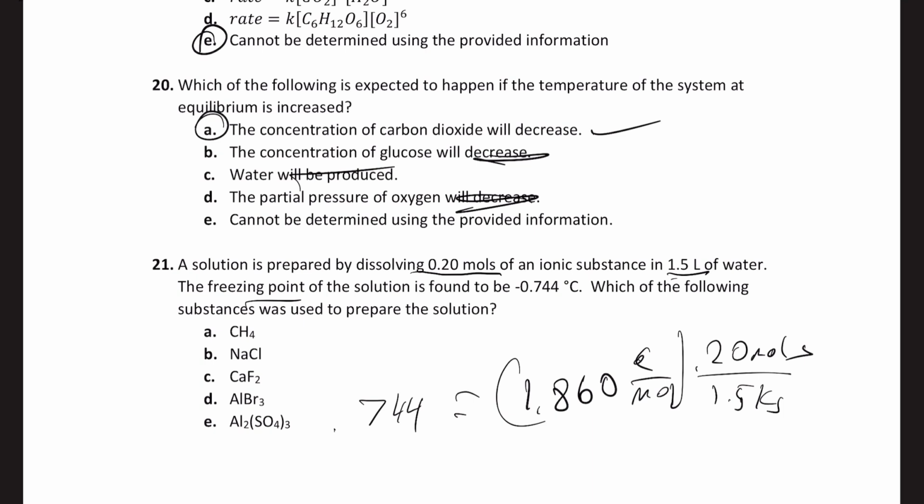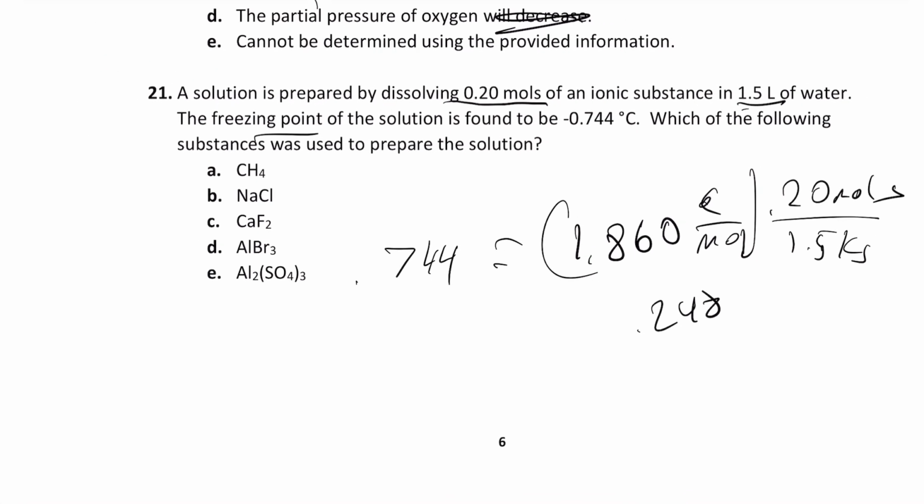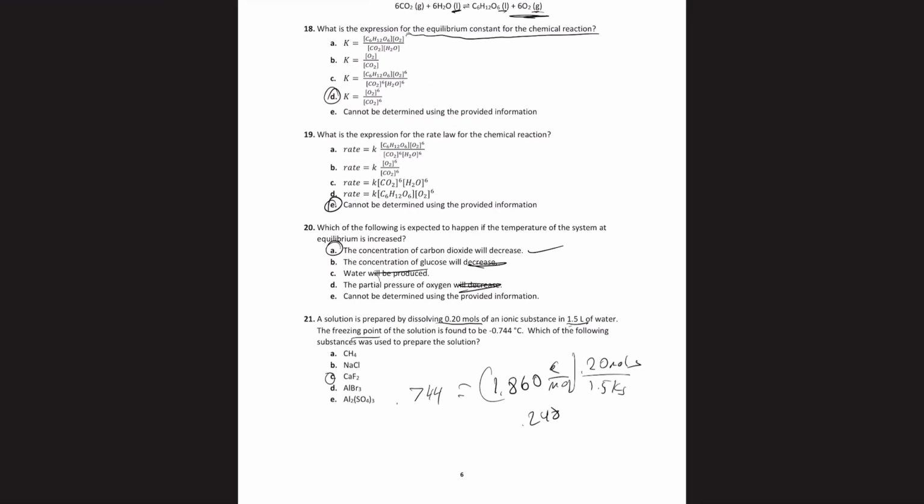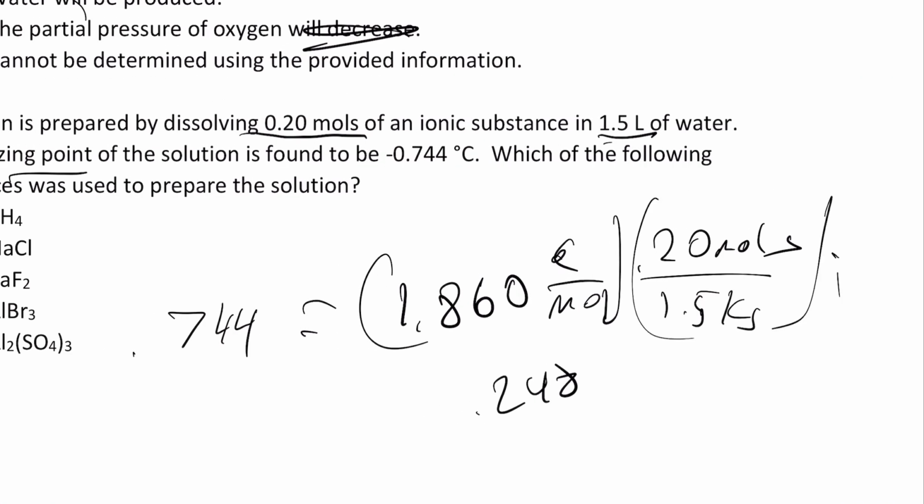So 1.86 times 0.20 divided by 1.5 is 0.248, and 0.744 divided by 0.248 equals 3. That's a very good number. That means it's C, because you're trying to find the van't Hoff factor.